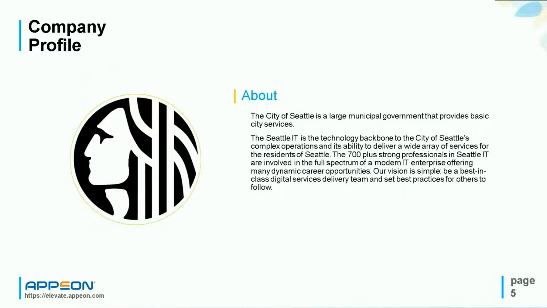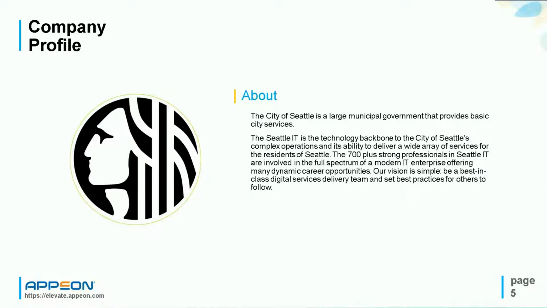A little about the City of Seattle. The City of Seattle has about 14,000 employees, and part of that is because we are the water utility and the electric utility for the City of Seattle, and running all those, we have 4 major dams, and just running all that infrastructure requires a lot of personnel.